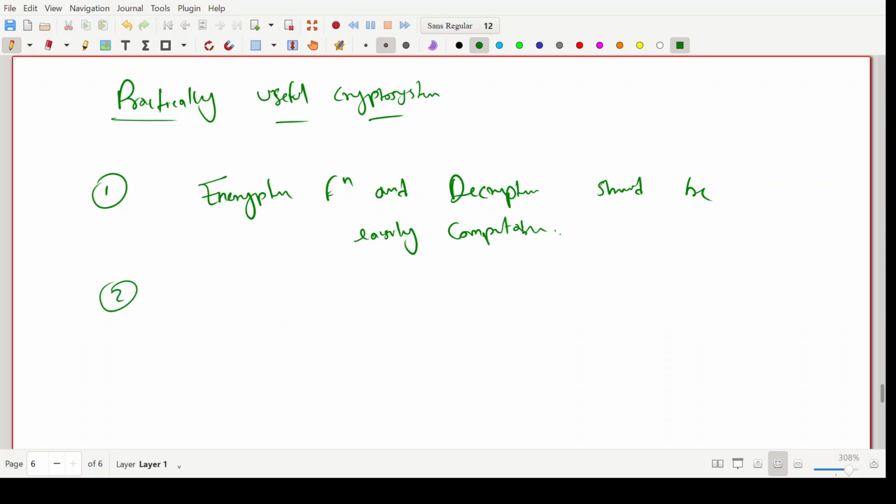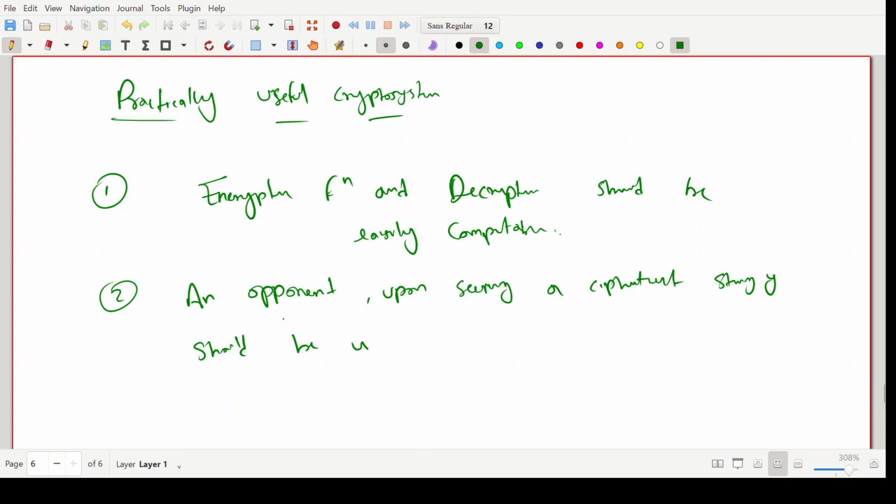That means an opponent upon seeing a ciphertext string y should be unable to determine the key or plaintext.